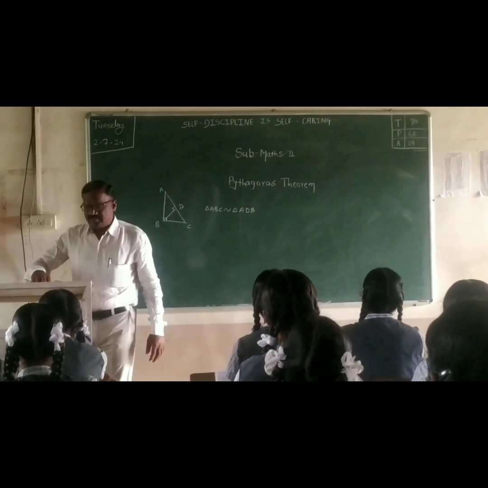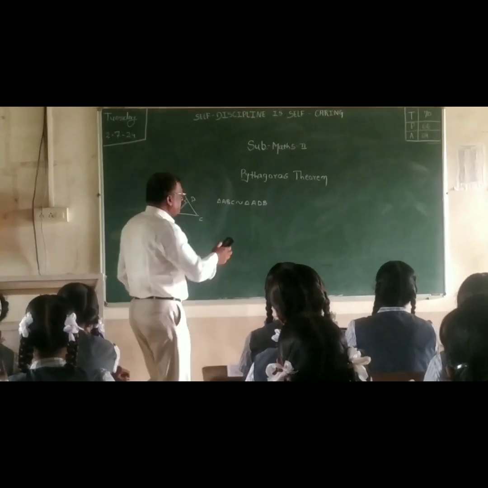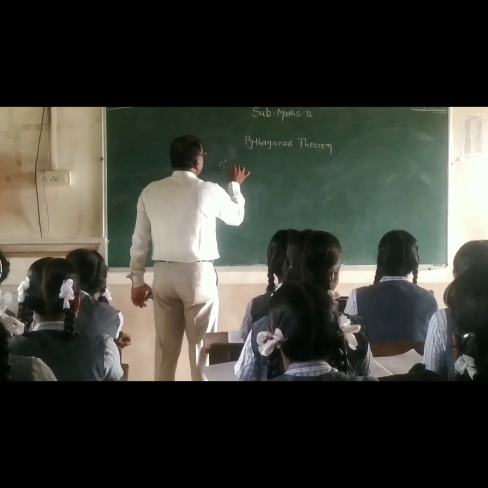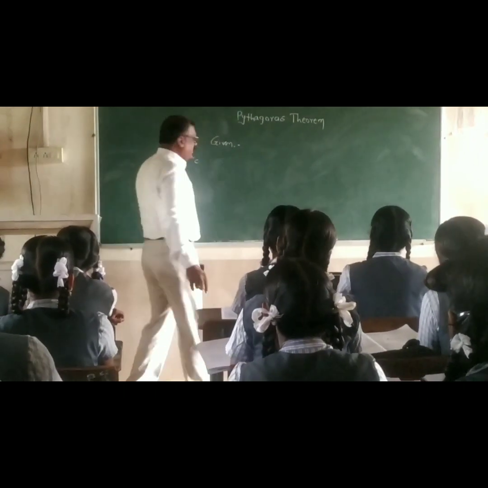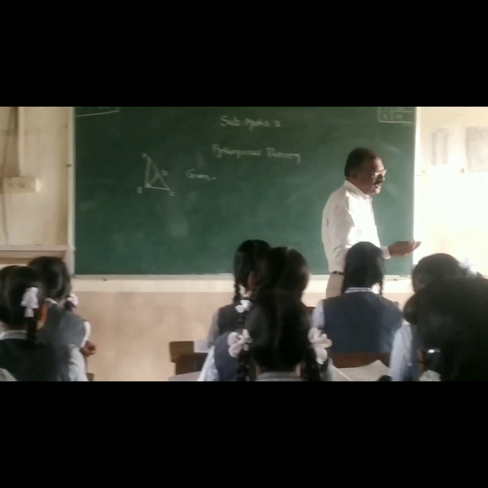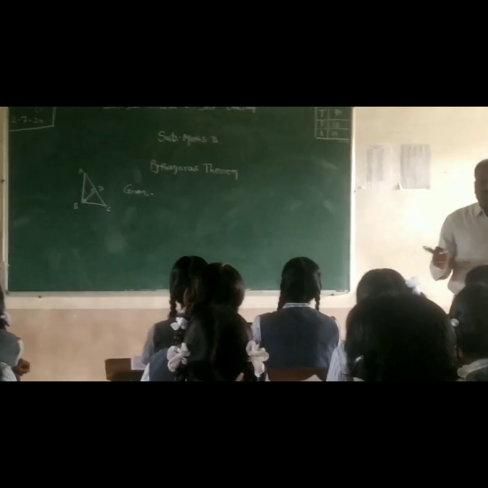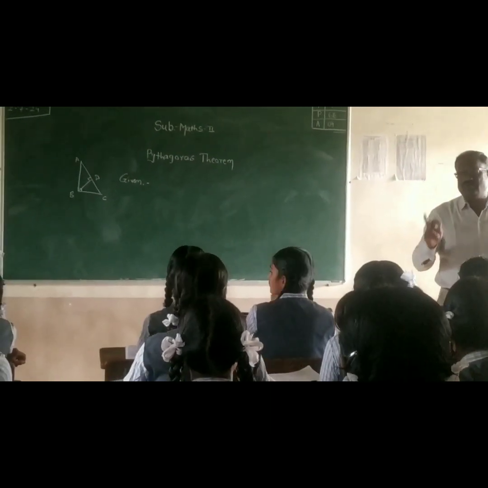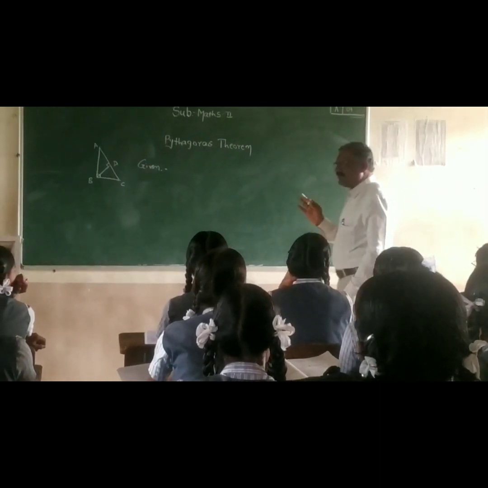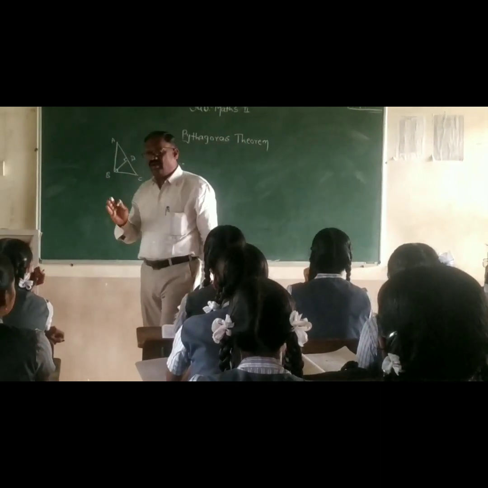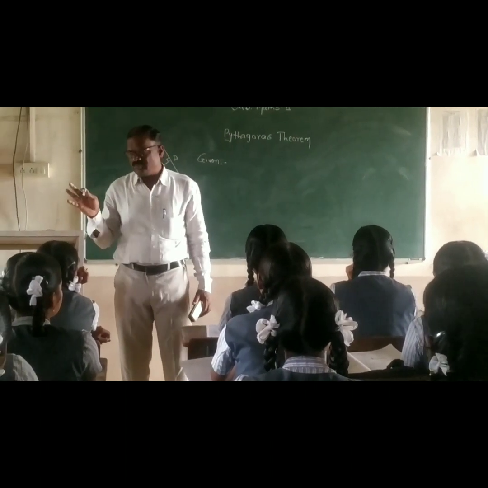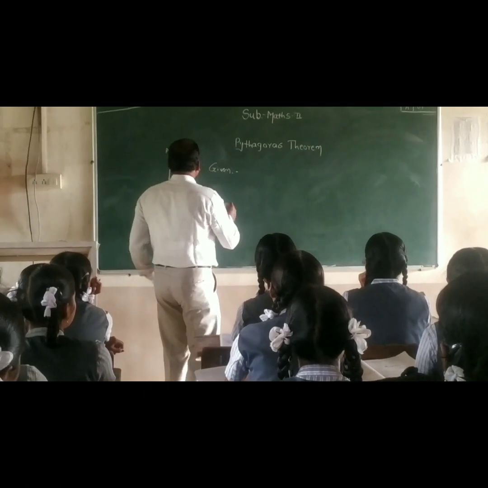So first you draw this figure and then write Given. Which point will come under given? Once again, I will state the Pythagoras theorem: the square of the hypotenuse is equal to the sum of the squares of the remaining two sides. So here, what is given?